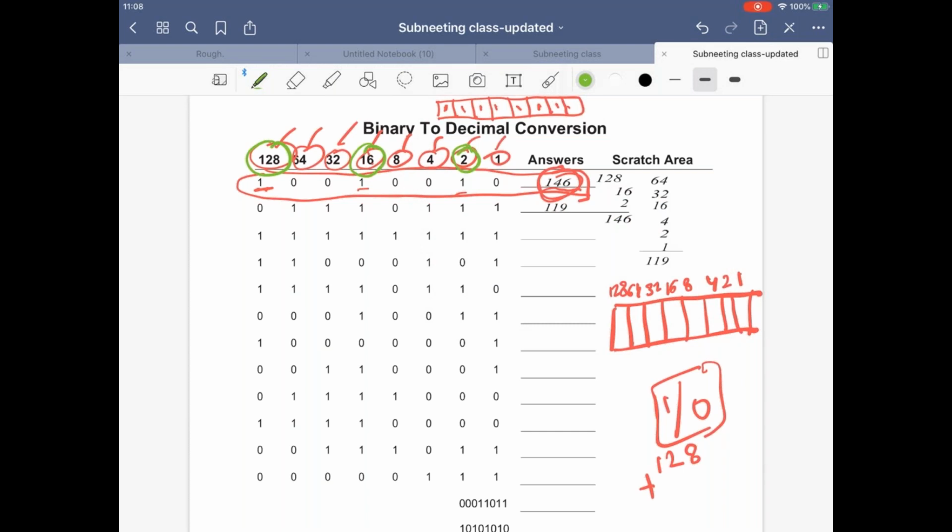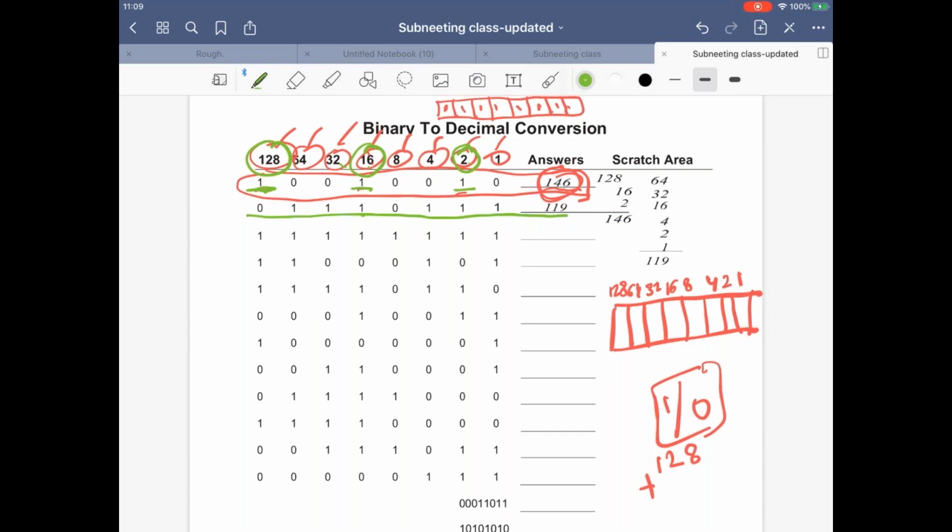So you have to type 1 or 0, 1 or 0, that is the binary conversion. And if we have this line, we will get 119. How? Put 0 for 128, 1 for 64, 1 for 32, 1 for 16, 0 for 8, 1 for 4, 1 for 2, and 1 for 1.